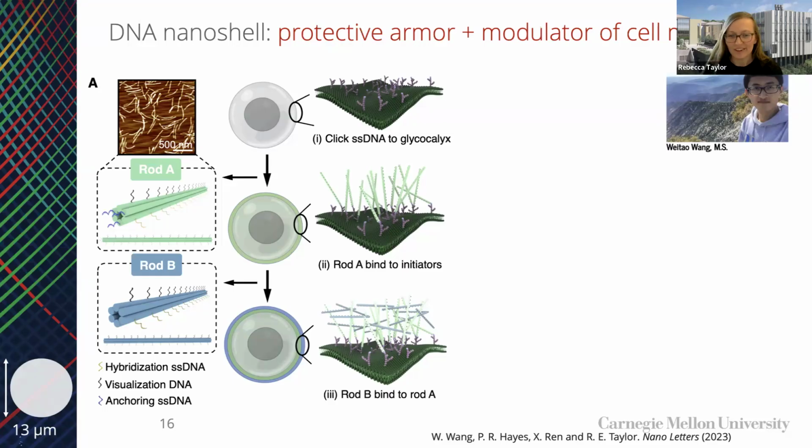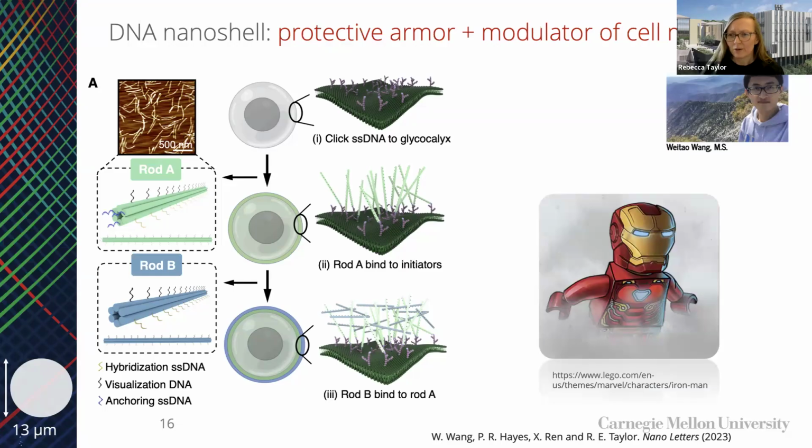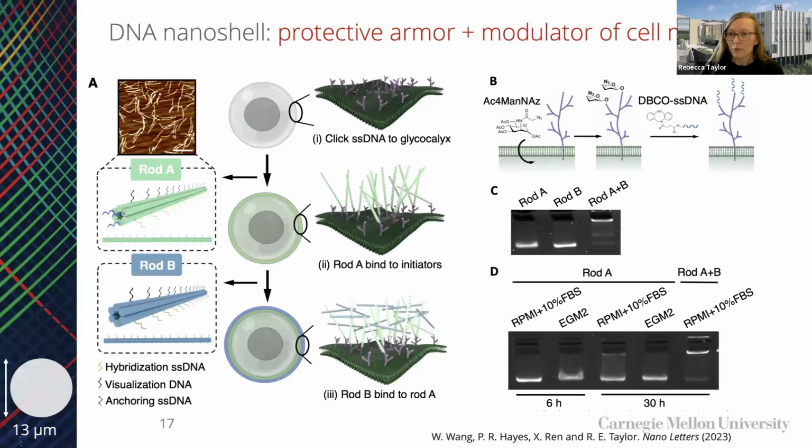Then he introduced another species of nanorod that could cross-link that first shell. What that means is that we're basically turning the cells into Iron Man, and trying to explore the benefits of effectively ruggedizing a cell. What you see here is that when you add rod A and rod B, you actually do get aggregation. It forms the secondary layer, but it would be geometrically limited.